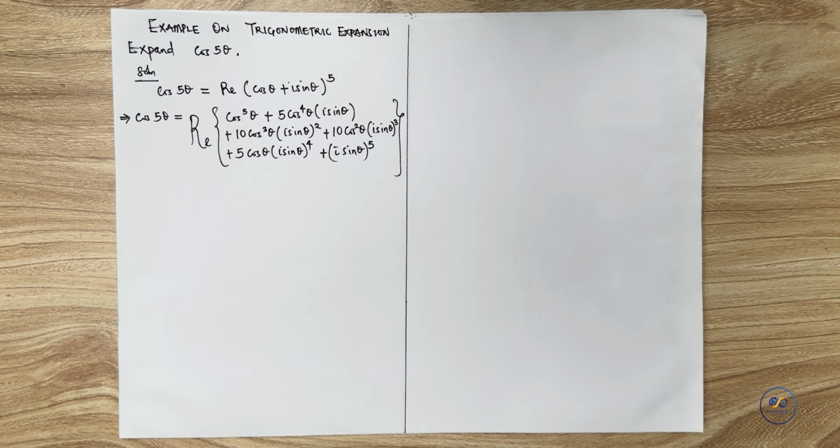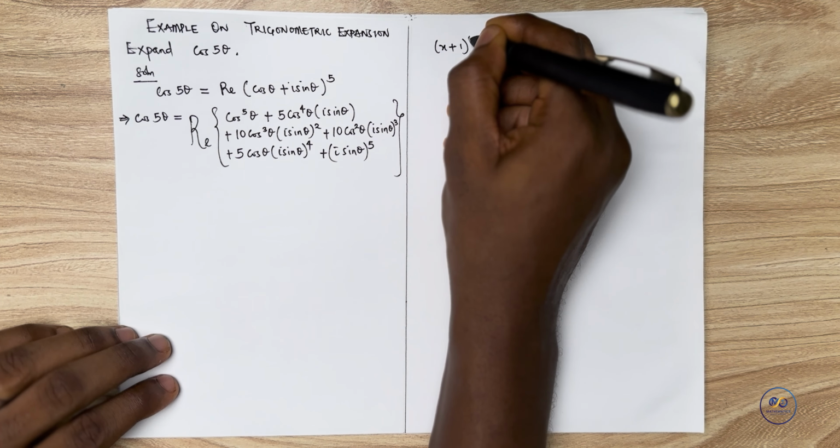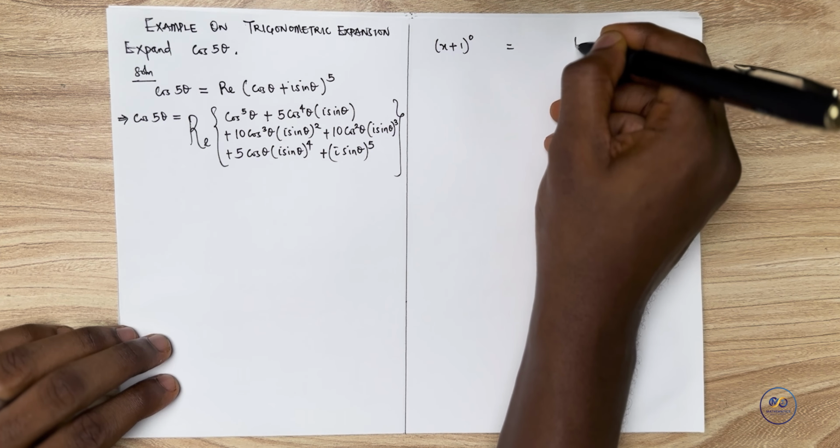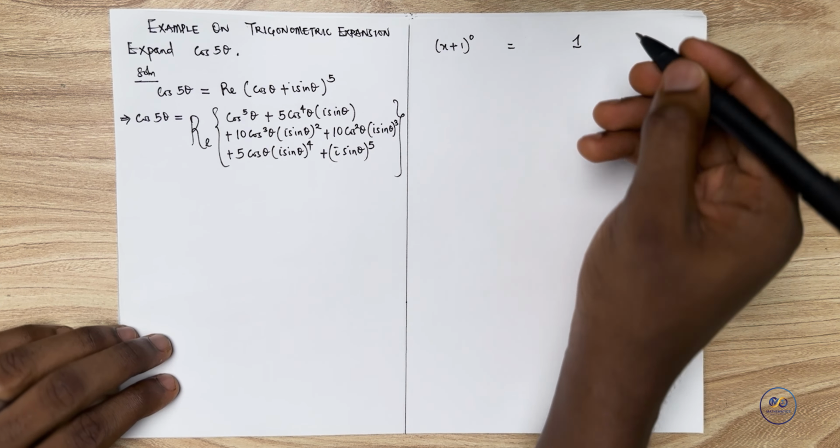Remember that Pascal's triangle gives you the coefficients of expansions based off the expansion of (x + 1) raised to the power of n, and then that expansion can be reformulated based off whatever is inside your bracket. If we were to write it here, for (x + 1) raised to the power of 0, the coefficient is simply 1, because any non-zero value raised to the power of 0 gives you 1.